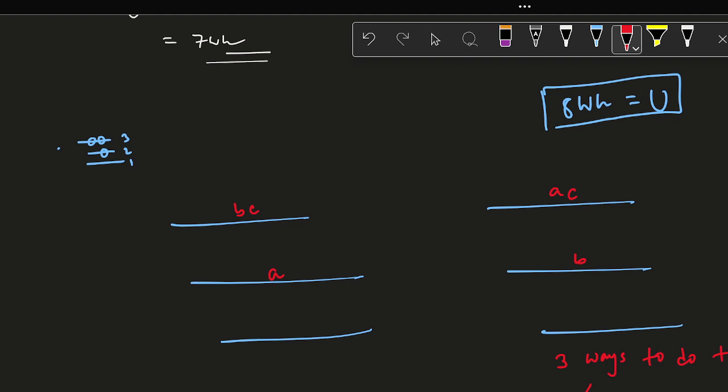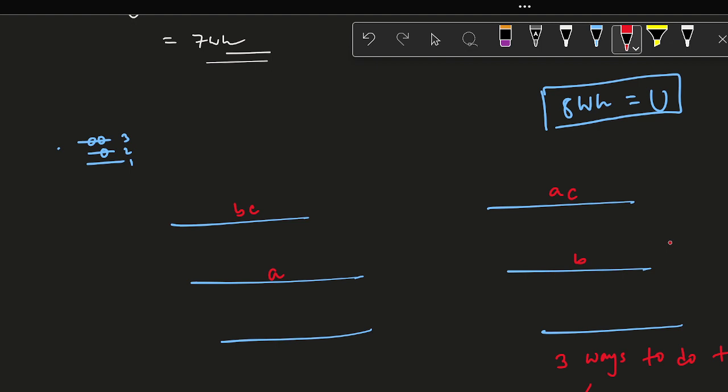If the question was different, that instead of three different people, they tell you that there are three identical marbles given, so all the marbles are same to each other, then the answer for 8Wh energy would be 1, because this kind of a configuration will not be possible like we can do with A, B and C. Because all the marbles are identical, it does not matter in which way, which two marbles you put together and which one marble you keep aside. So that makes the answer different: for three identical marbles, the number of ways to get 8Wh would have been 1.